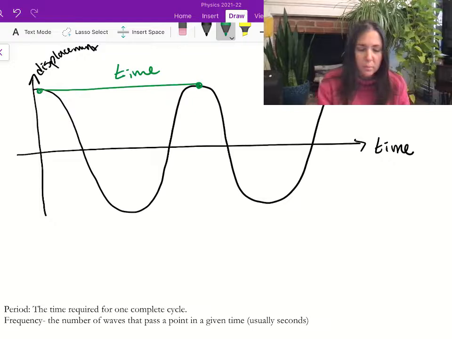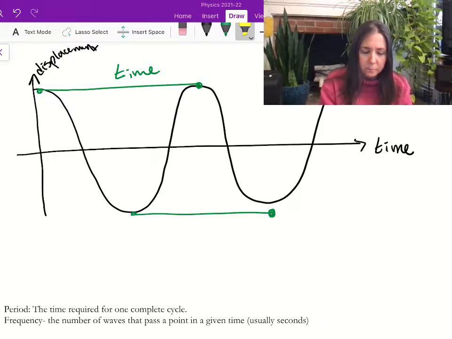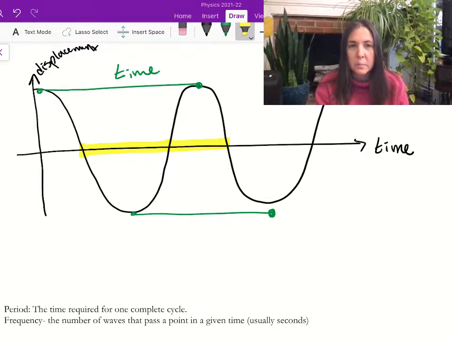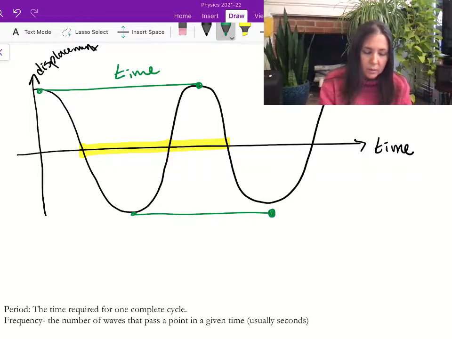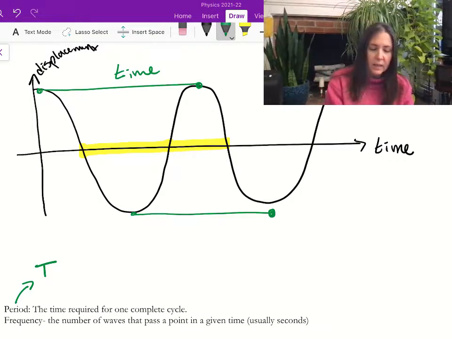You could also find the period from trough to trough, or you could do it, though I less recommend it, from when it crosses here. It'll go down, back to the middle, up, and back to the middle. So this is also the time or the period. So we use the letter T to represent the period, and the unit is seconds.